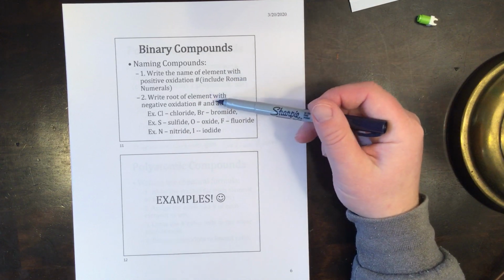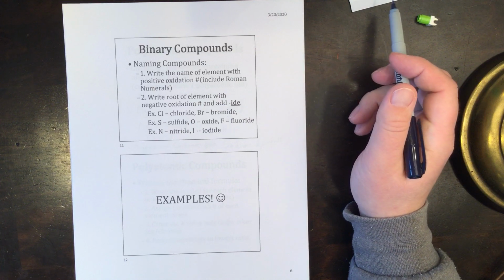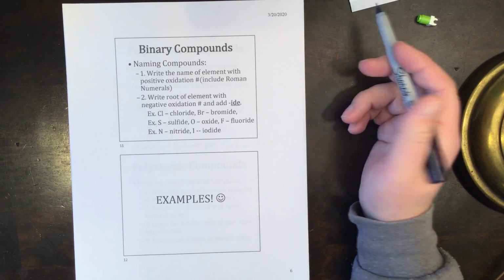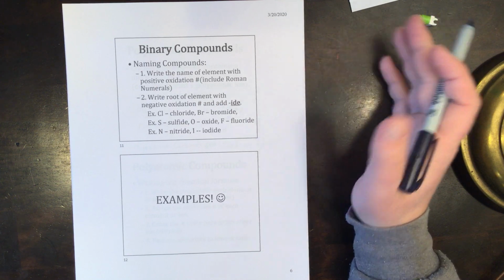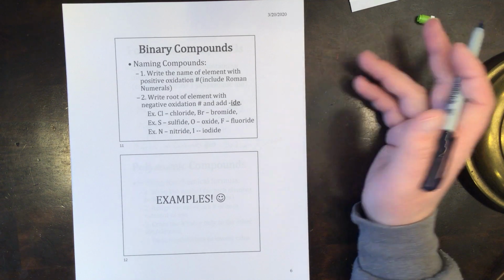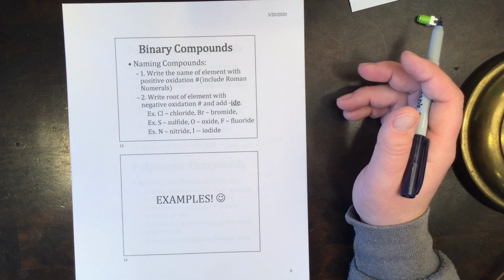And then for the second one, you change the ending to IDE. So a lot of times I still tell students, if it sounds right, you're probably correct. So for example, chlorine, chloride, sulfur, sulfide. Oxygen's weird. Some people put oxygenide, but that just sounds weird.